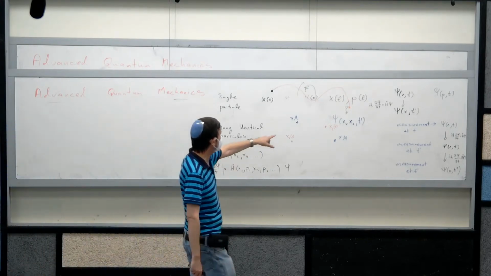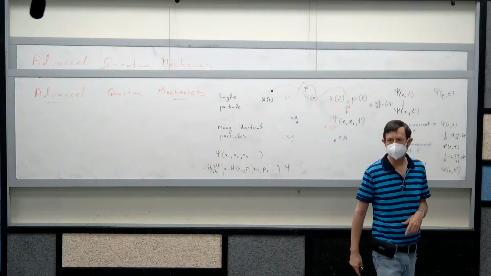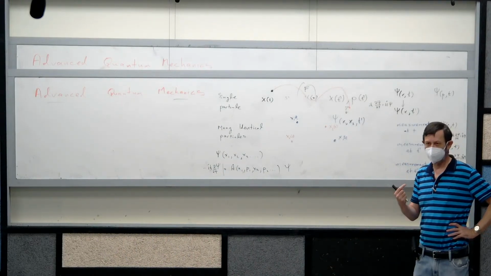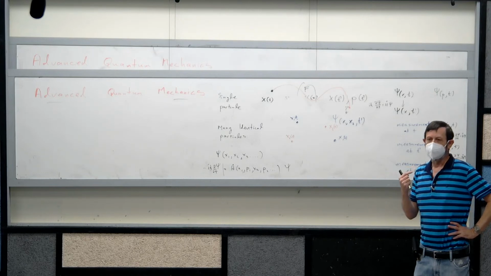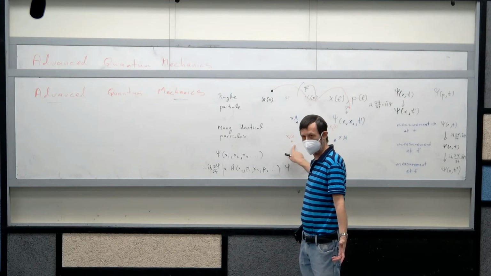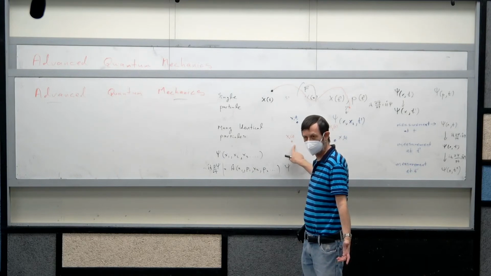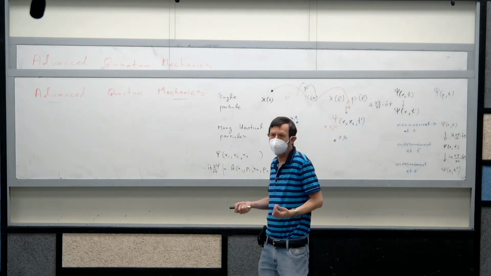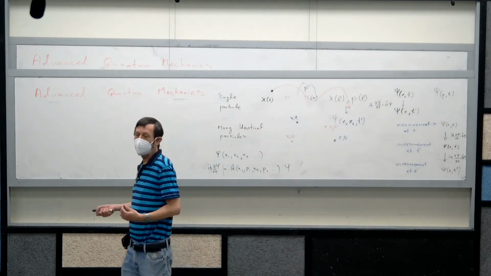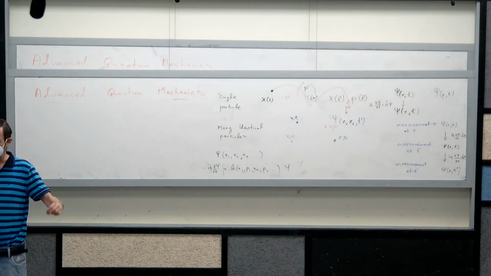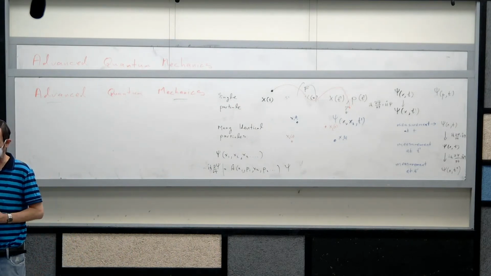So the story here is not that I measured the first particle at position x1 and the second one at position x2. What is the result of the measurement? I measured a particle at 1 and a particle at 2.